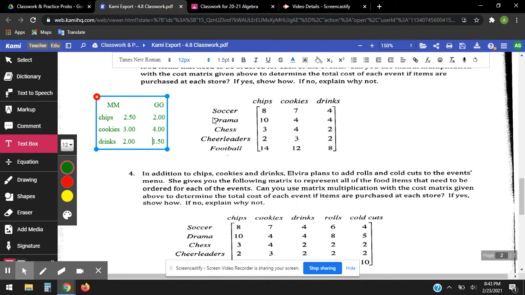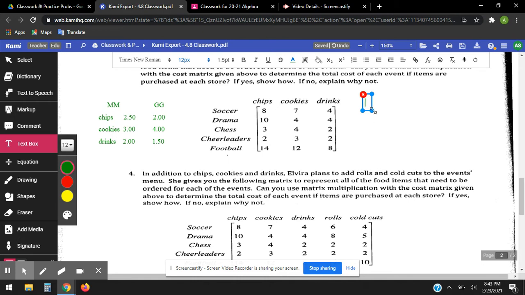So can I do the same thing? Can I take this row and multiply it by this? Well, yeah, I can. There's 3. Chips goes with chips. Cookies goes with cookies. Drinks goes with drinks. So my new matrix over here is going to look a little bit different.